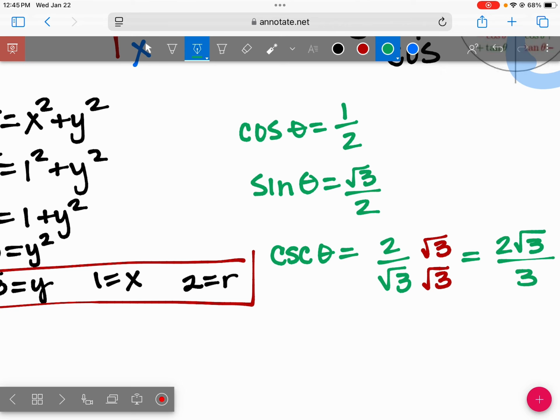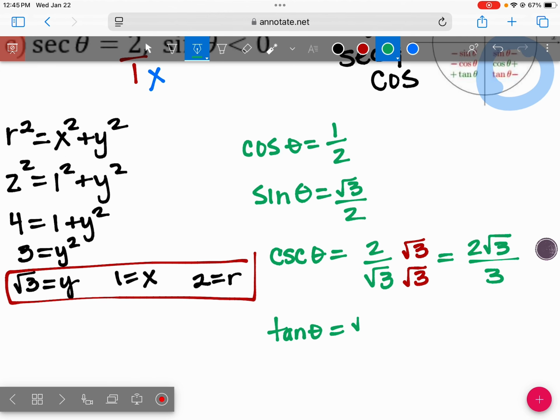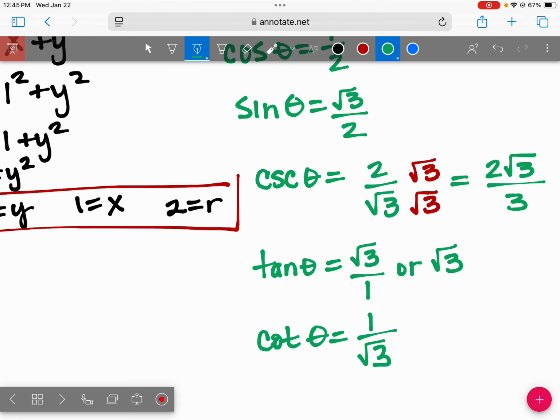All right, so the last 2 would be tangent. Tangent of theta is y over x. So that would be root 3 over 1, or just root 3. Cotangent of theta is 1 over root 3. We have to rationalize that too.